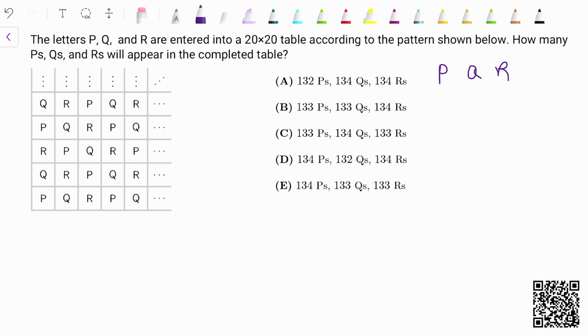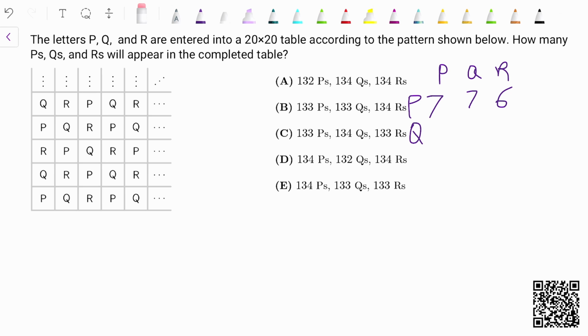However, that means that letter is not going to be counted into the total, and in this case it just so happens to be the last letter, which is R, because that would be the 21st letter. Therefore, in a P column, there are 7 P's, 7 Q's, but only 6 R's.